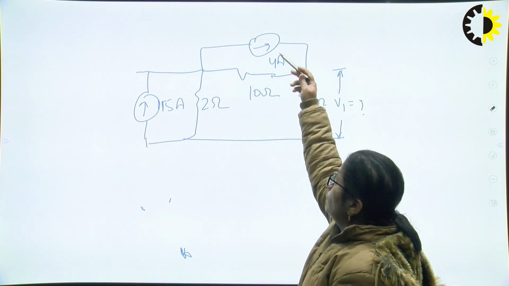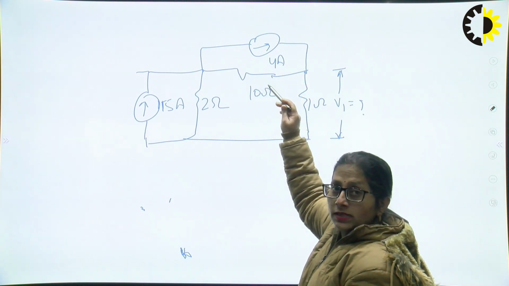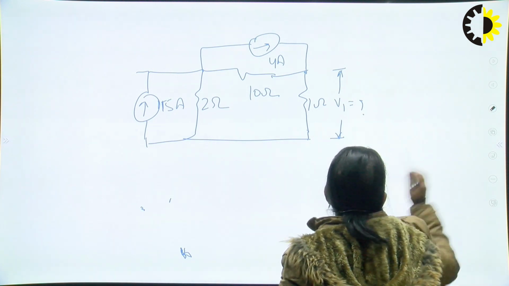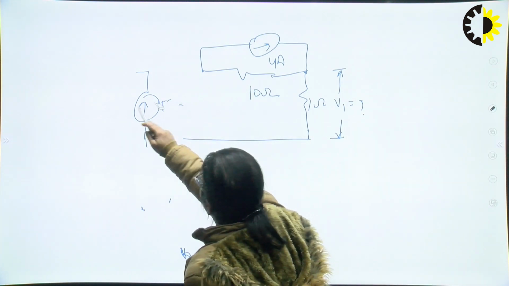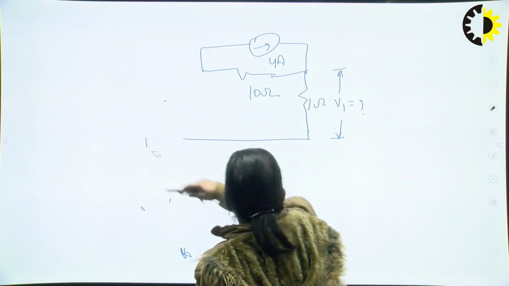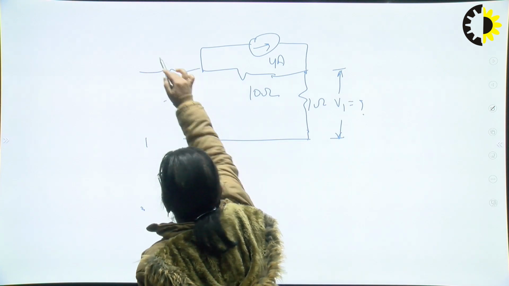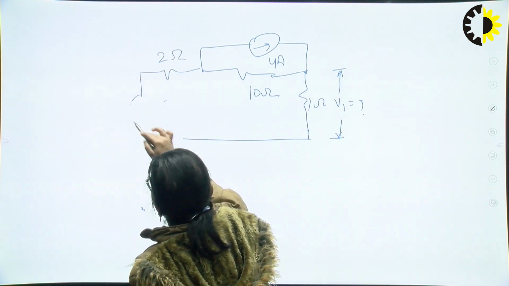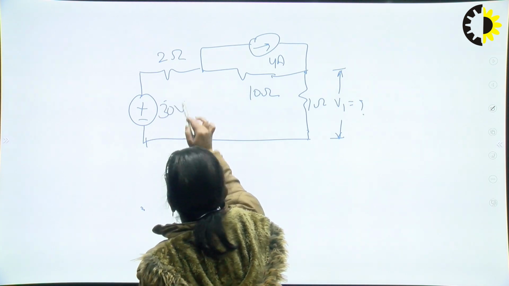Similarly, for the 10 and 4 amperes, we get 40 volts with 10 ohms in series with it. So going individually one by one, here we have 30 in series with 2. So 2 ohms will be connected in series, and upward was the direction, so it is 30 volts.